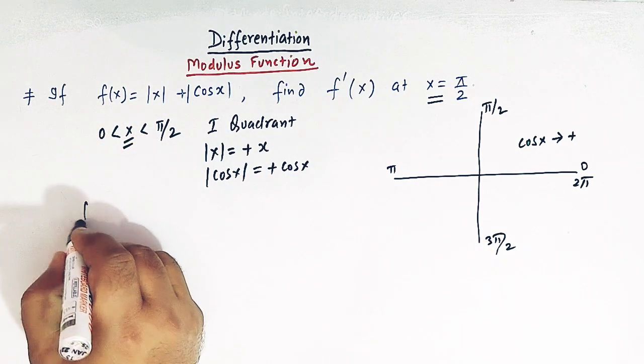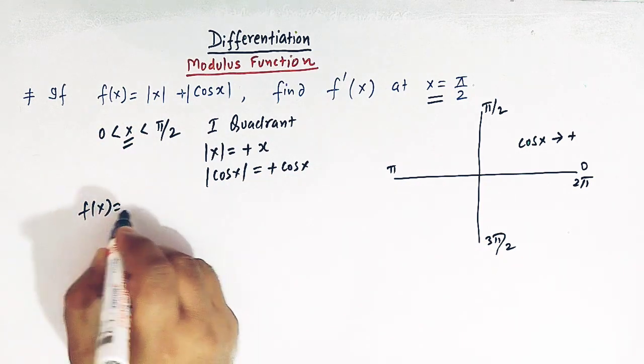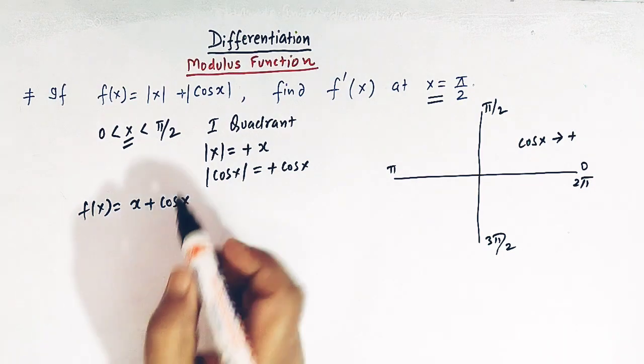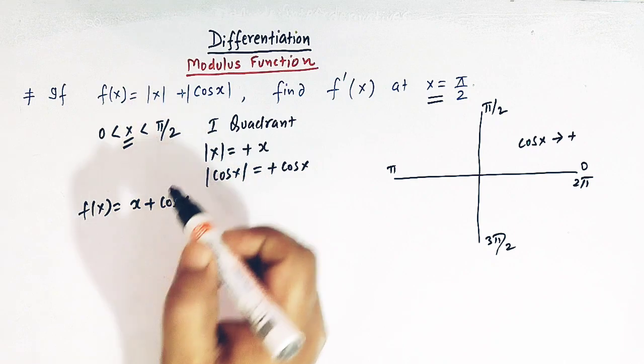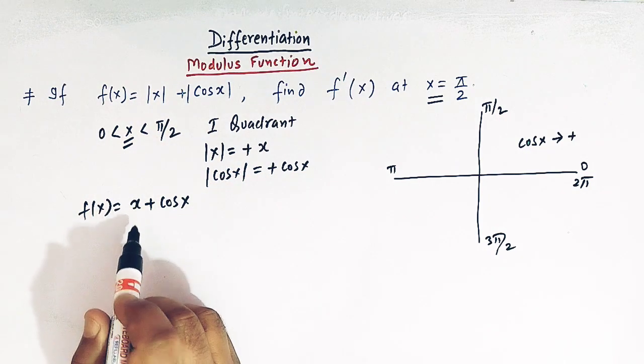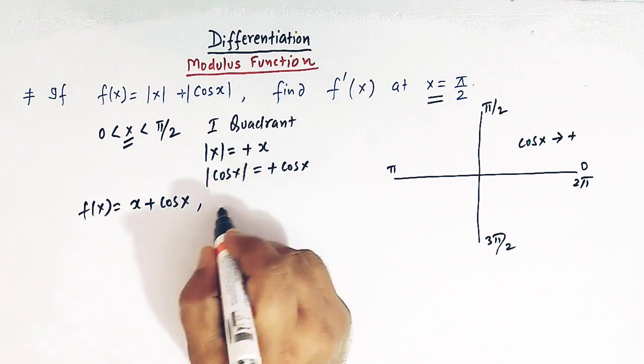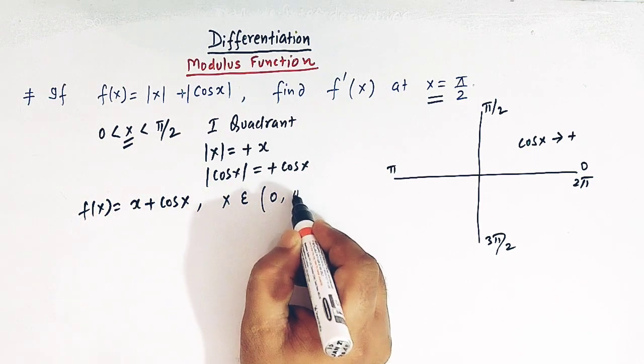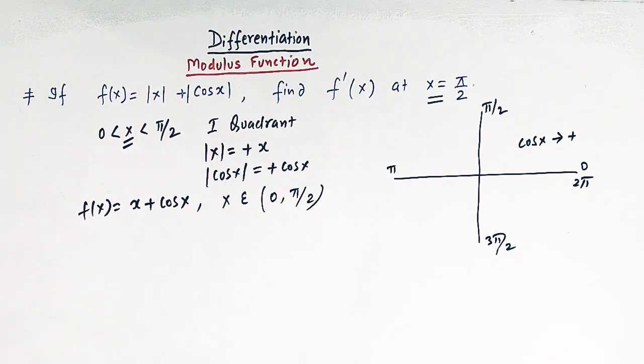So now f of x can be written as x plus cos x. So we have redefined this function as f of x equal to x plus cos x in the interval x belonging to 0 to pi by 2.